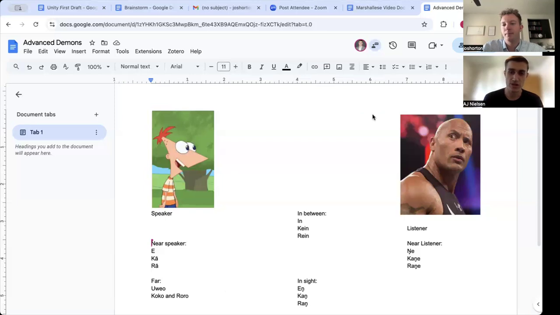Cool. Now we'll move to near listener. Phineas is talking to the rock about something that's near the rock, so let's say his tank top. Phineas is like, "Hey, can you take off that tank top?" So, tank top nay.